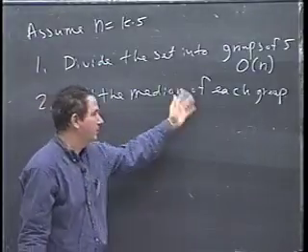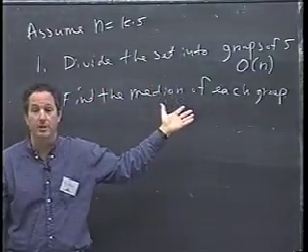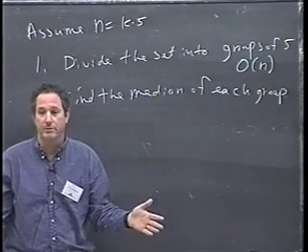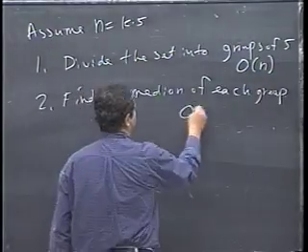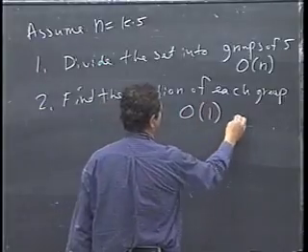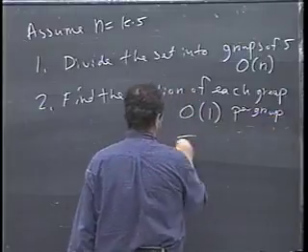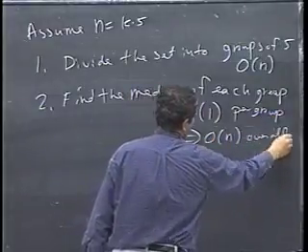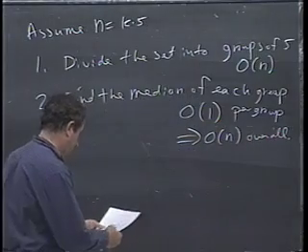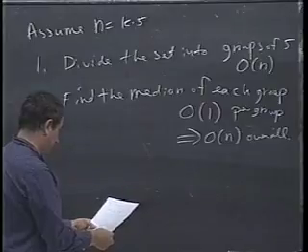You can dream up all kinds of algorithms that will find the median of 5 numbers, and each one of them takes some fixed number of operations. So that's just a constant, usually written order 1 per group, and so order n overall. Okay? So I'm carrying along the time analysis as I'm doing the algorithm as well.